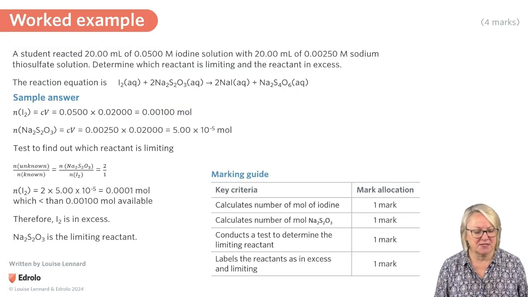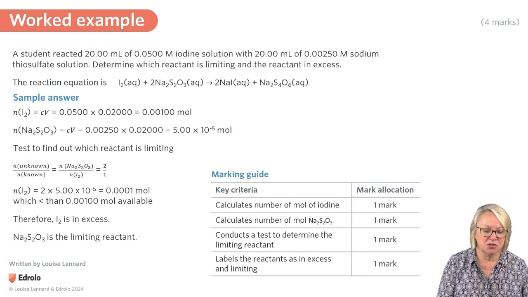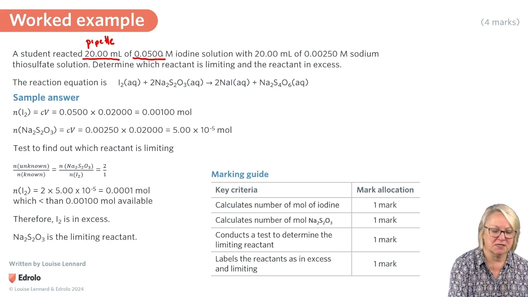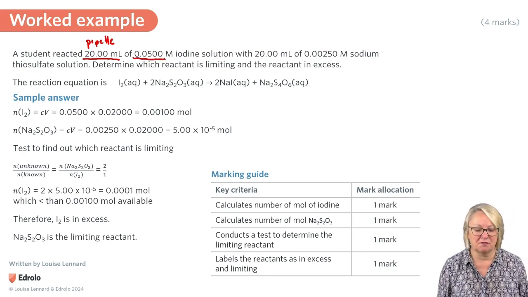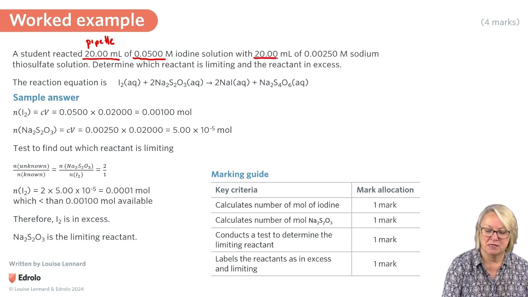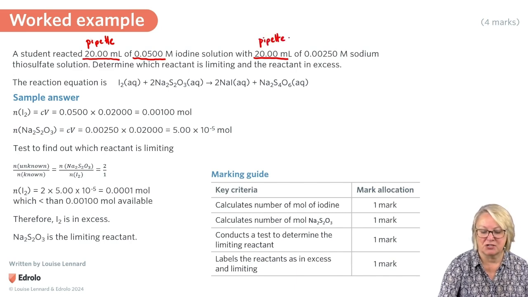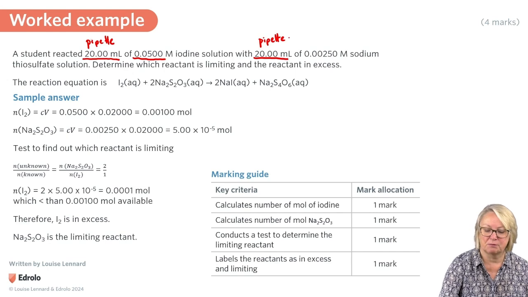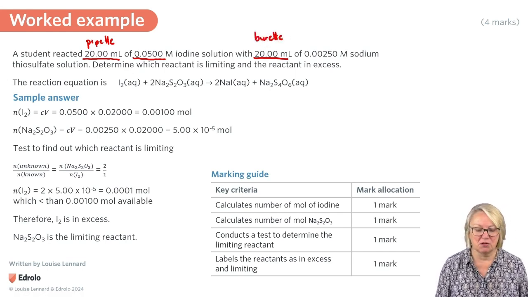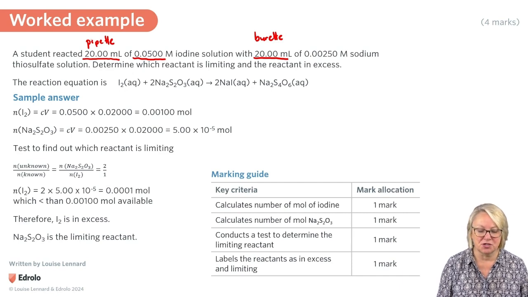Okay, let's look at a worked example. A student reacted 20 mL, this is the aliquot that comes from the pipette, of a standardized solution of 0.0500 molar iodine solution with 20 mL exactly, so that comes out of a pipette or it actually could be out of a burette of 0.00250 molar sodium thiosulfate solution.